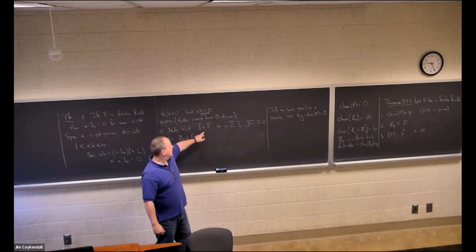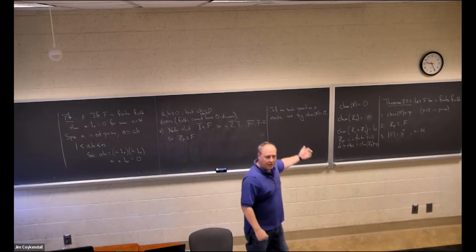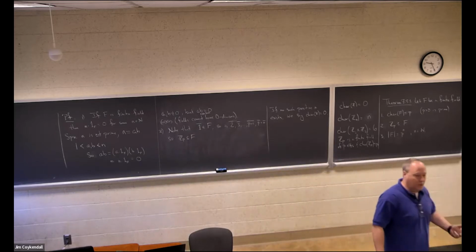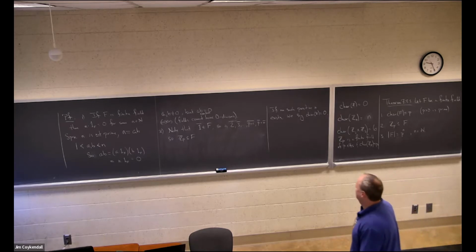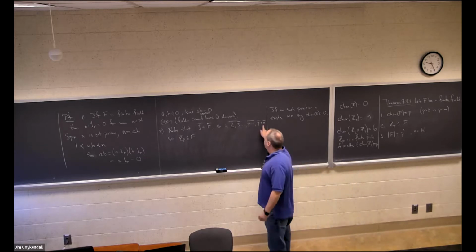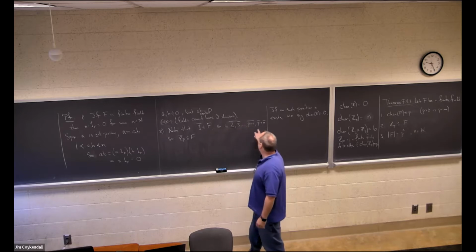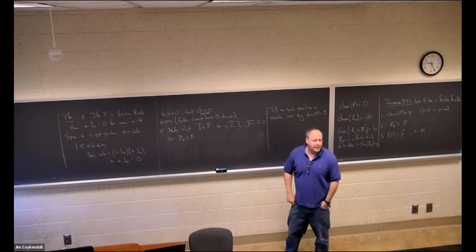Once you've got 1 bar, you've got 2 bar, 3 bar, 4 bar, all the way up to P bar, which is 0 bar. So there's your little copy of Z mod P in there, just whatever 1 generates: 1, 1 plus 1, all the way up to 0. So Zp is a subfield.